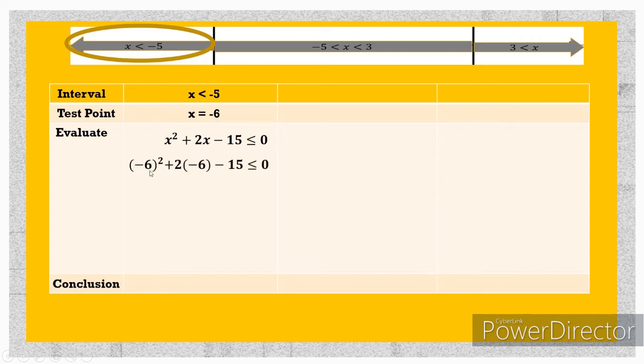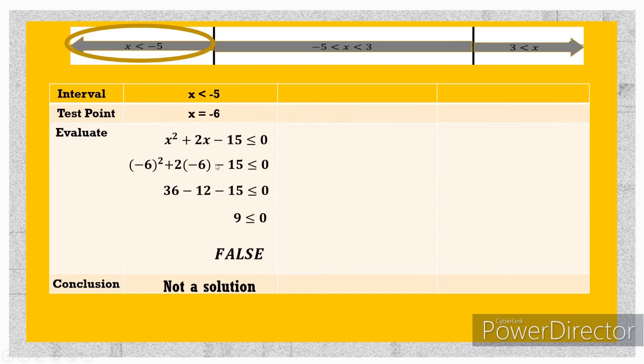So, we have negative 6 squared plus 2 times negative 6 minus 15 is less than or equal to 0. So, we have 36 minus 12 minus 15 is less than or equal to 0. 36 minus 12 minus 15, we have 9 is less than or equal to 0. Is it true? So, this is false because 9 is greater than 0 dapat. So, for the conclusion, this interval is not a solution of the quadratic inequality.